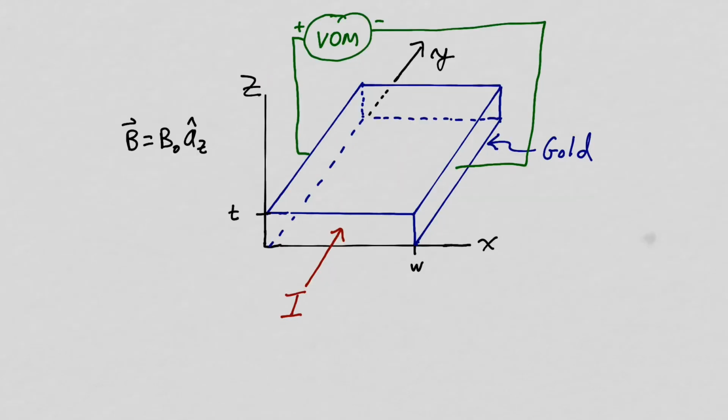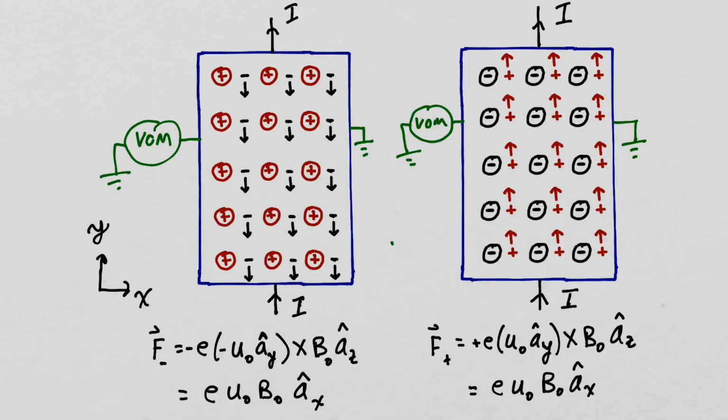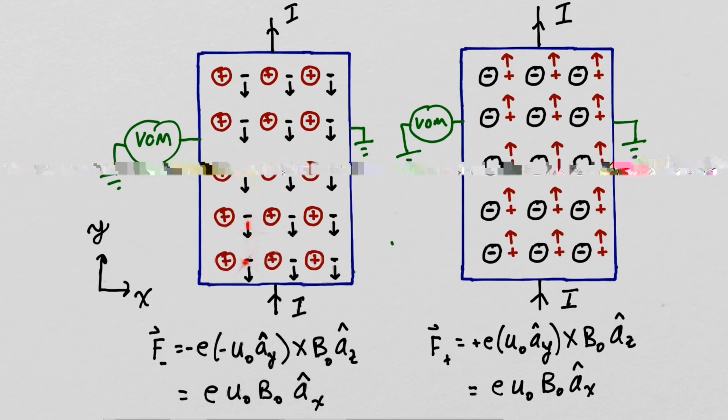From the positive z direction, let's take a view looking down onto the piece of gold. Let's first look at the situation where the conduction charges are negative. So a current flowing in the plus y direction will result from these negative conduction charges moving in the minus y direction. So we can represent their velocity as u sub 0 in the minus y direction.